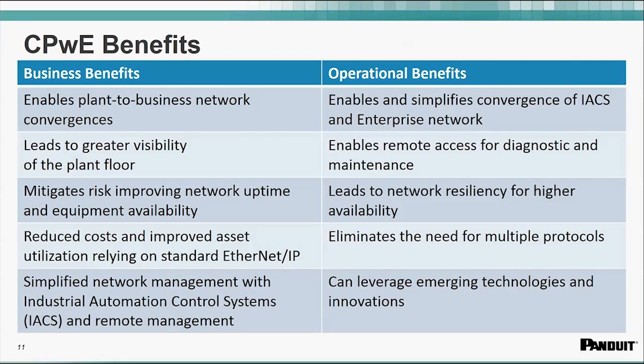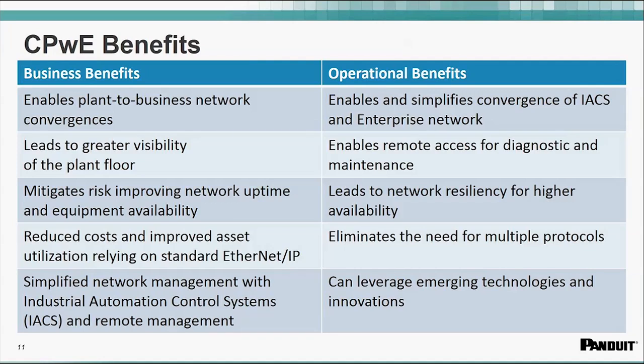Using a reference architecture like CPWE leads to many benefits for both business and operations. The business gains greater visibility into the plant floor to improve decisions. Decisions are more timely and based on factual data. A CPWE architecture reduces costs by deploying standard Ethernet throughout the enterprise, eliminating the need to support different proprietary networks.